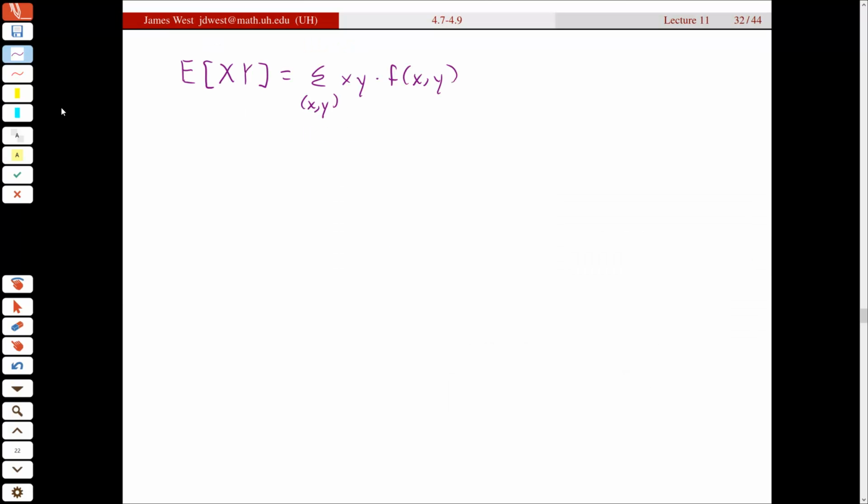In fact, it's probably best if we do this row by row. In the first row of our matrix, y is constantly equal to 1.